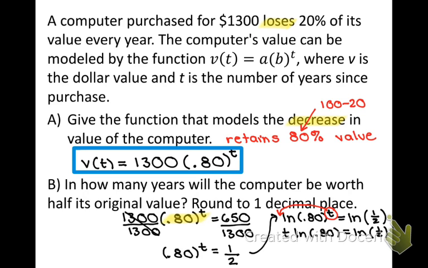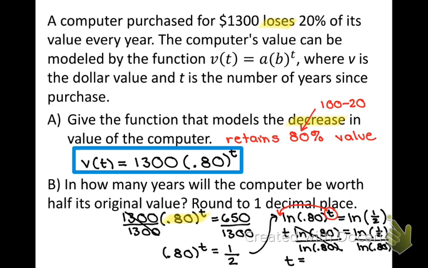T times the natural log of 0.80, undo that multiplication with division. We're going to divide both sides by the ln of 0.80. And we are going to find that t is going to equal the natural log of 1/2 over the natural log of 0.80. It specifically tells me in this problem to round to 1 decimal place.